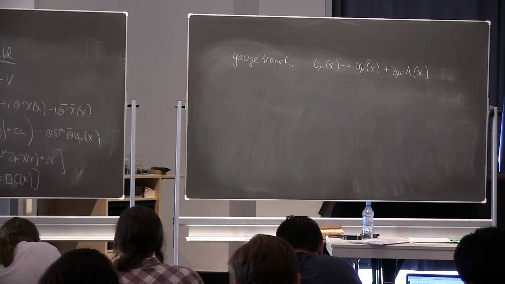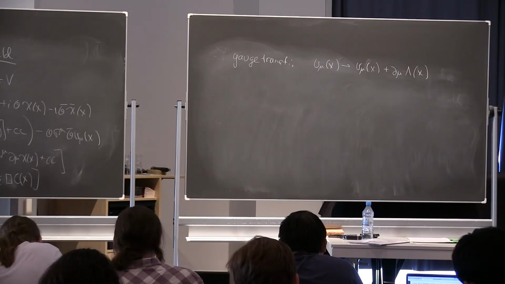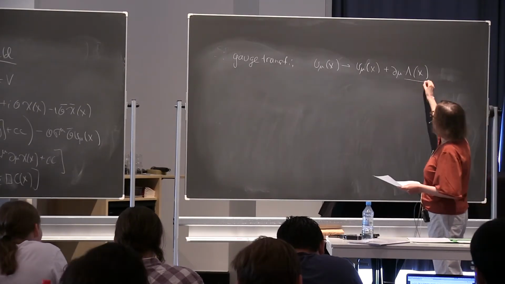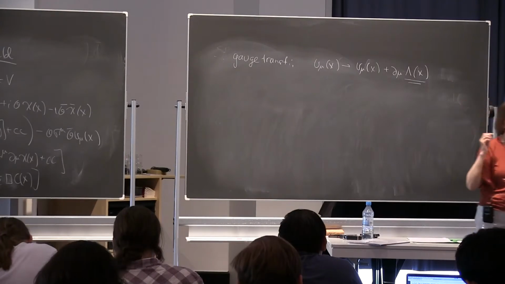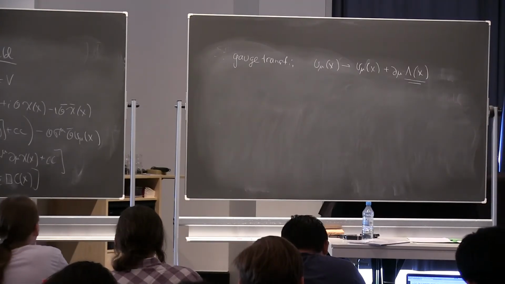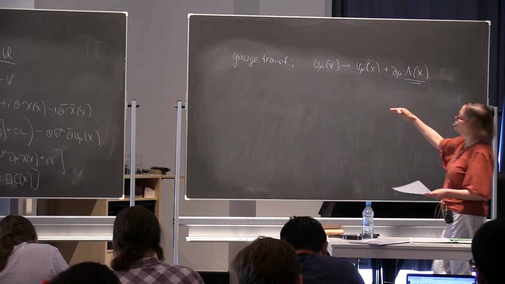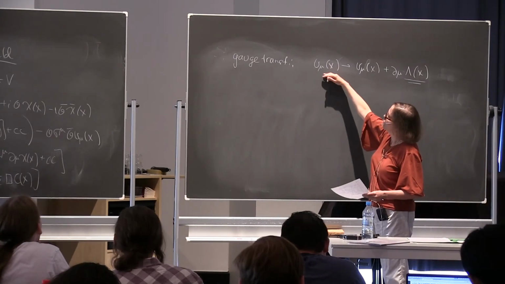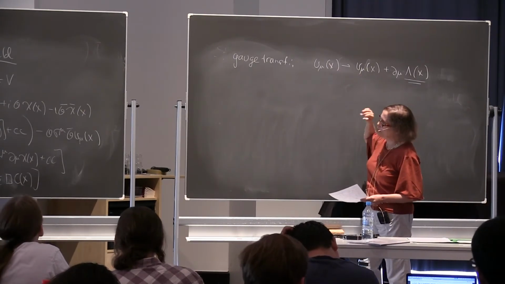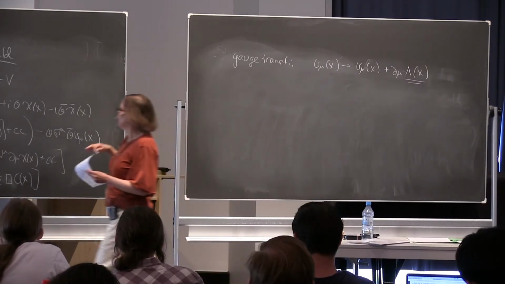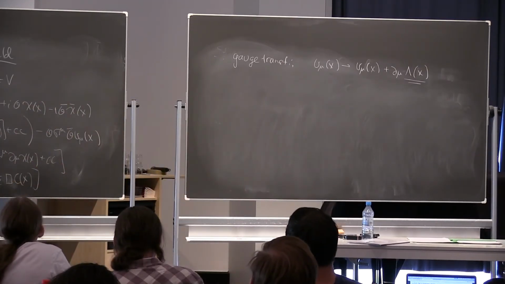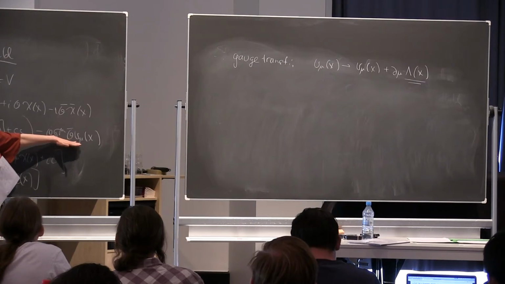But now we want to write down something that's supersymmetric. So if I want to make this supersymmetric, I better promote this guy to be a superfield, because I want the gauge field. I start with something and then do a gauge transformation, and then I should still get something that's a legitimate component of the superfield.